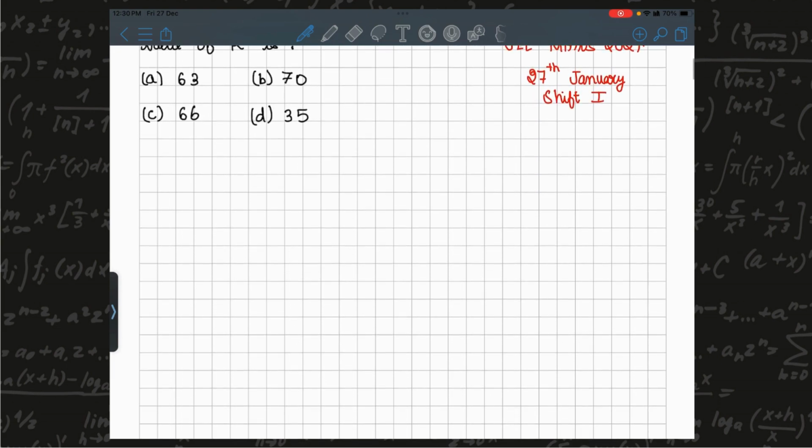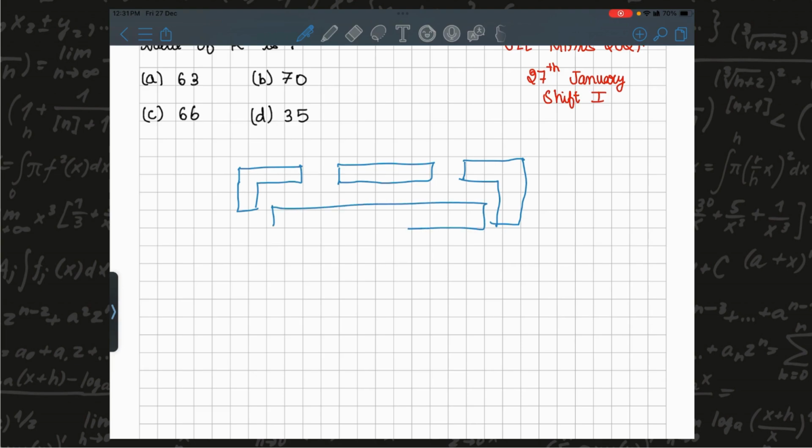So, to know about this, let's first understand the basic concept of meter bridge. Sorry for this bad drawing, but please adjust.